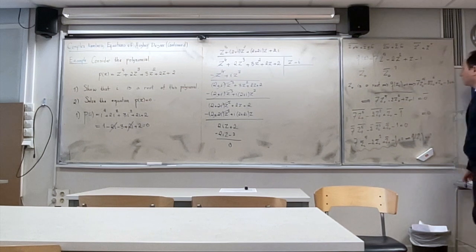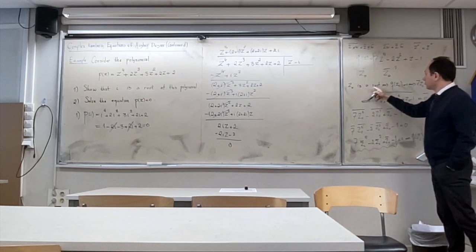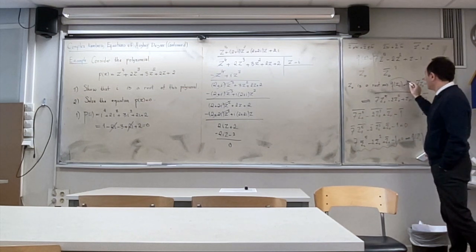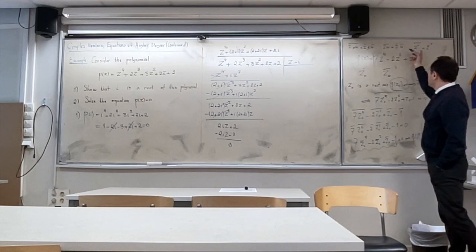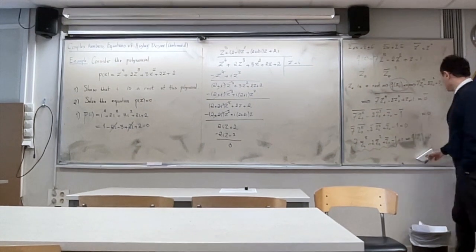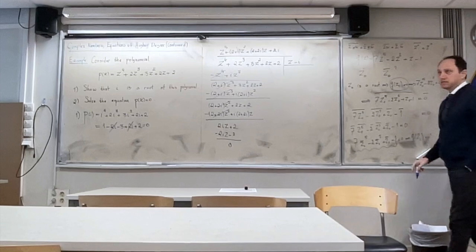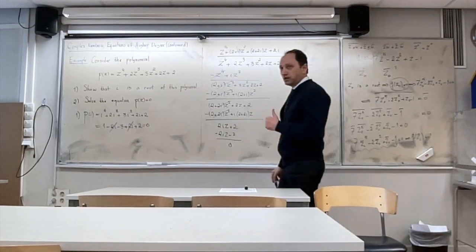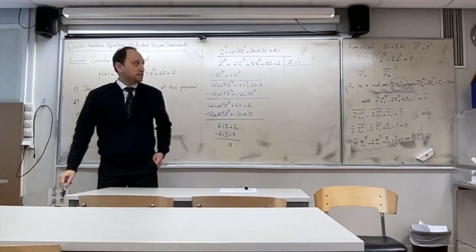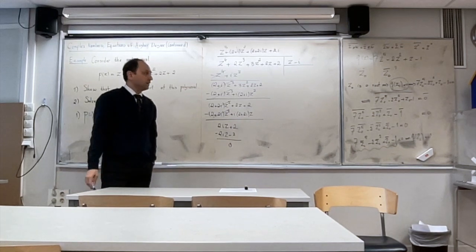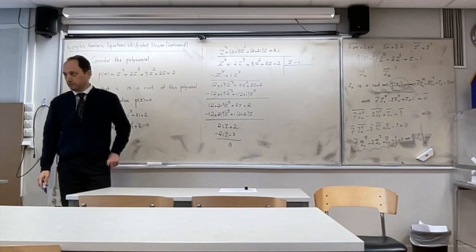So I am done. If z naught is a root, I am allowed to conclude this, and using those properties, I realize that z naught bar satisfies the same polynomial. So it means that if z naught is a root of this equation, z naught bar is definitely a root of that equation.